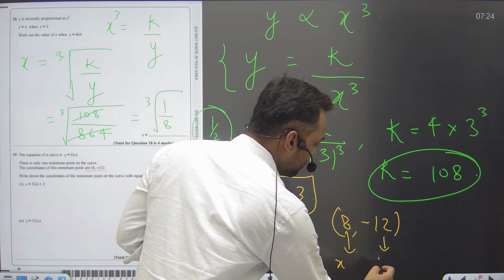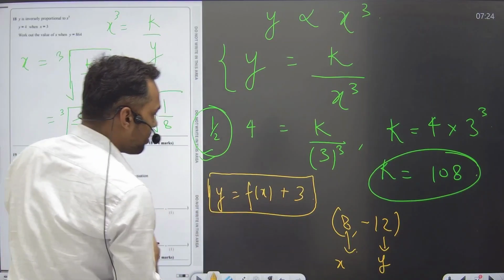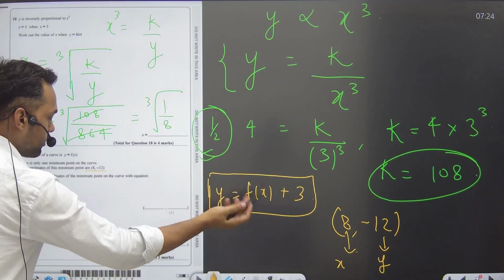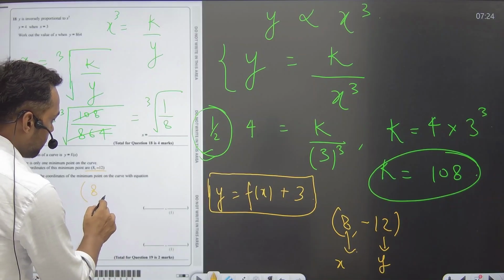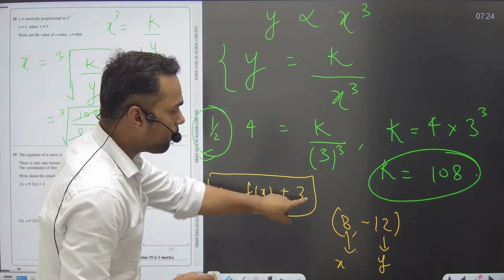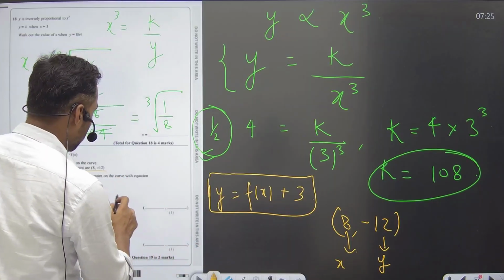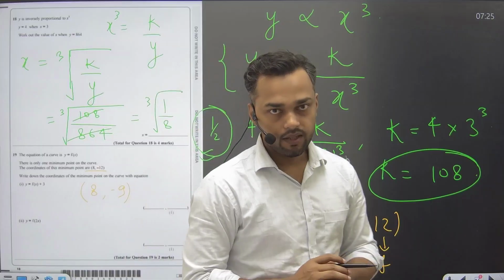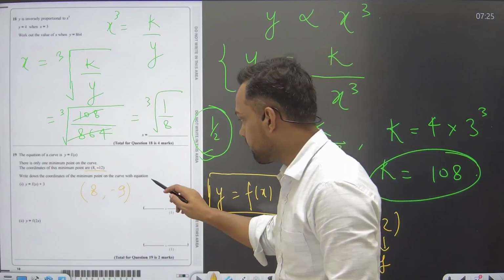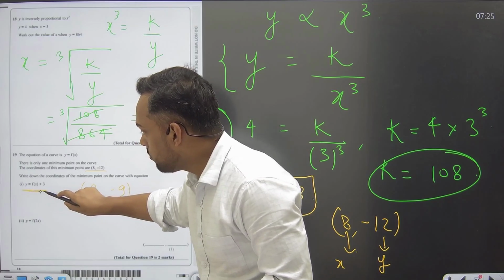This is the x coordinate, this is the y coordinate. So the y coordinate is increased by 3. The x coordinate will be the same, but if we increase the y coordinate by positive 3, negative 12 plus 3 will be negative 9. So here is the value for the first part, (8, -9). Okay, because they are only changing the value of y.